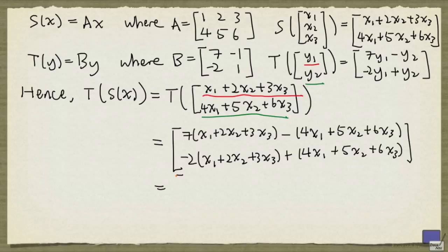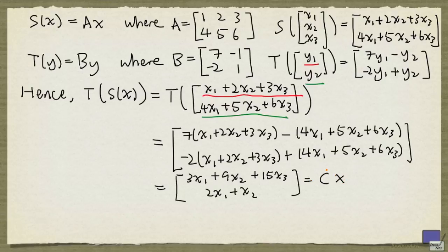If we simplify these expressions, we'll end up with 3x1 plus 9x2 plus 15x3 in the first entry, and 2x1 plus x2 in the second entry. And again, each of these entries is linear in x1, x2, and x3, so there has to be a matrix C such that Cx is this tuple. And here C will be the matrix 3, 9, 15, and 2, 1, 0.